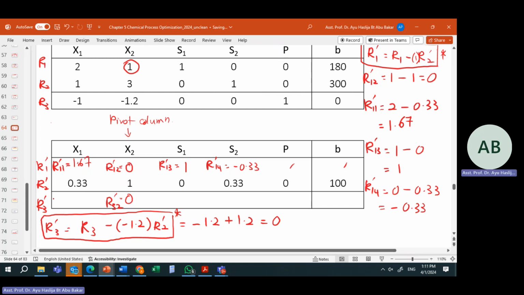Now let's try to find R prime 3, 1 using the factor equation. Okay, so R prime 3, 1 equals R3, which is the original value, -1, plus 1.2 times R prime 2. Okay, R prime 2 here, you have value 0.33.